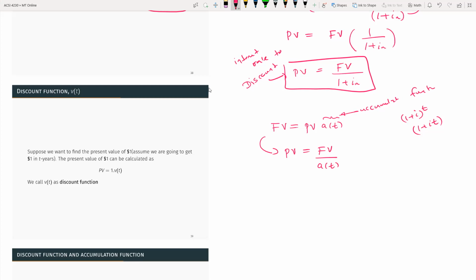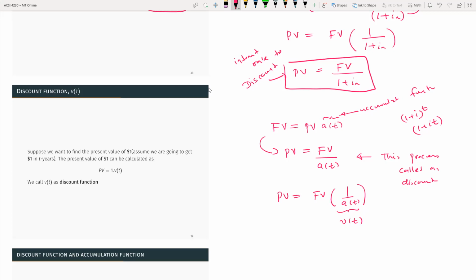So this one is basically we are trying to find the present value. Okay. So the process is called discounting. Then you can write it like that and define this to be Vt.